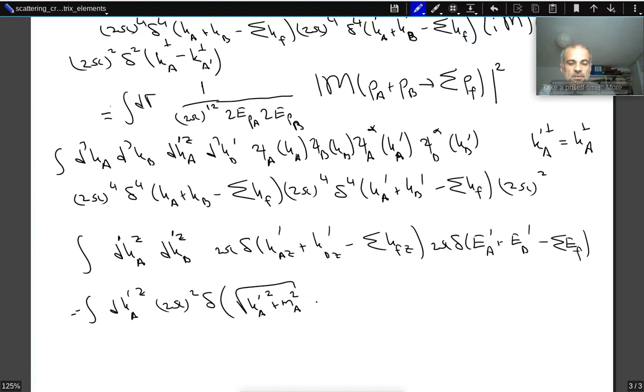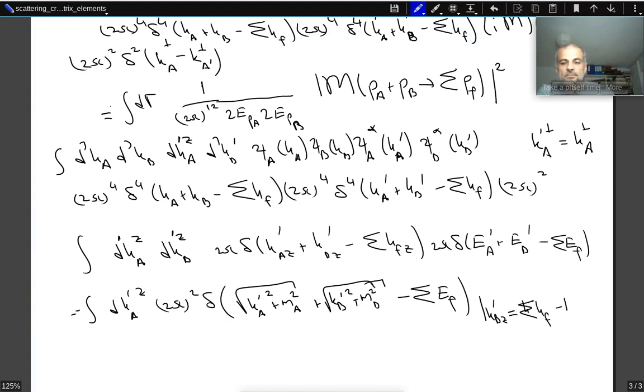Although we are looking at only a single type of particle, this derivation will also hold for different types of particles, Kb prime squared plus Mb squared minus sum over Ef, with the understanding that Kbz prime is equal to Kf minus Kaz prime.